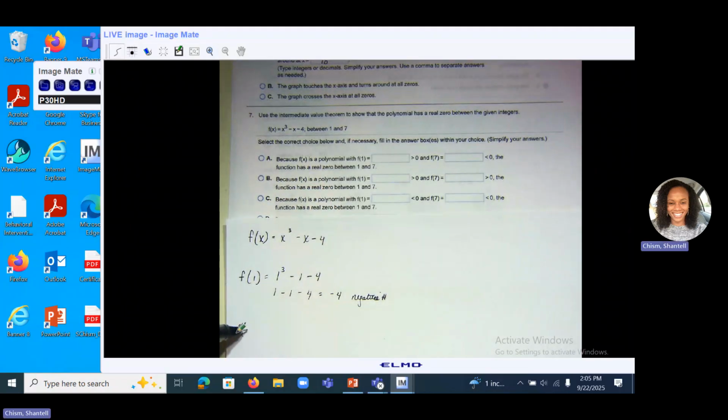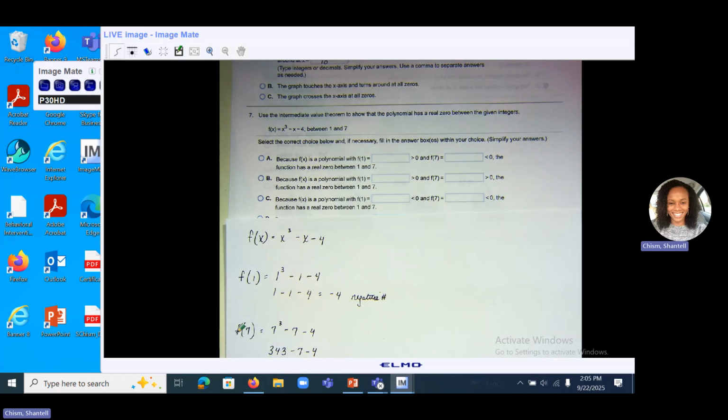And then we're going to evaluate it at 7. So we'd have 7 cubed minus 7 minus 4. 7 cubed, a pretty large number, is 343. And then we have minus 7 minus 4.